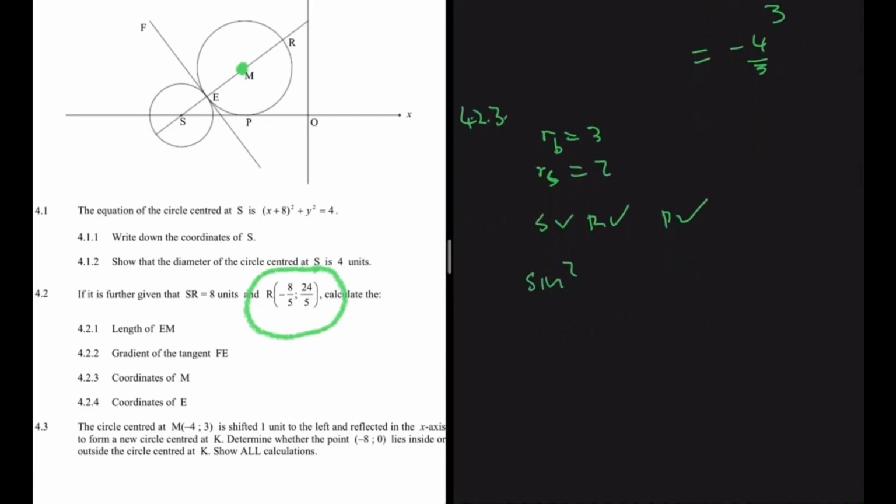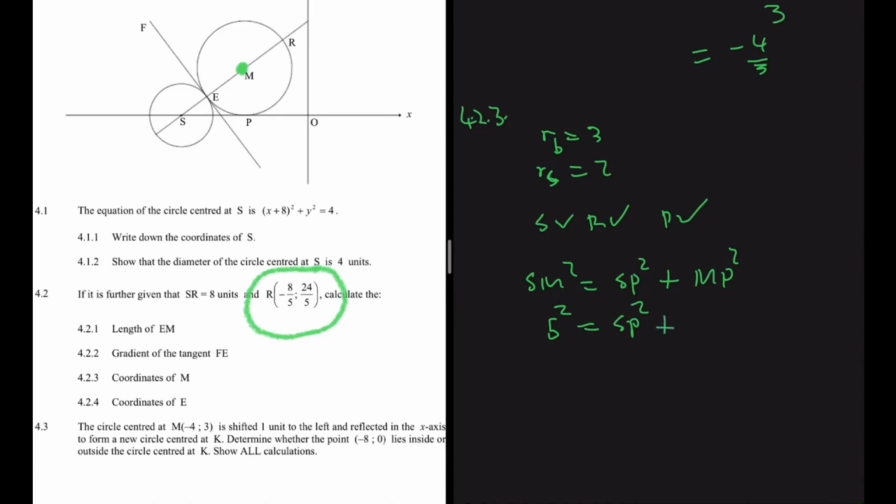SM squared is equal to SP squared plus MP squared. So what is SM? SM is SE plus EM, right? So that is 2 plus 3. So we have 5 squared being equal to SP squared. We don't have SP, but that's what we're looking for, so that we can find the x value of P, right?